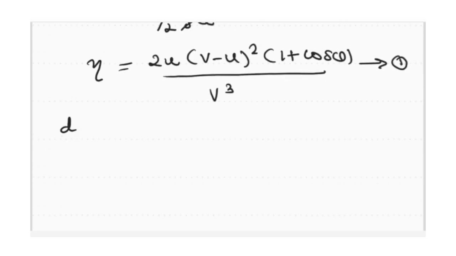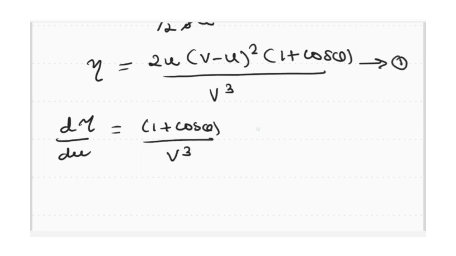So d by du of eta is equal to, taking the constant things outside: 1 plus cos theta is constant and v cube is constant, and what is left is d by du of 2u into (v minus u) whole square.